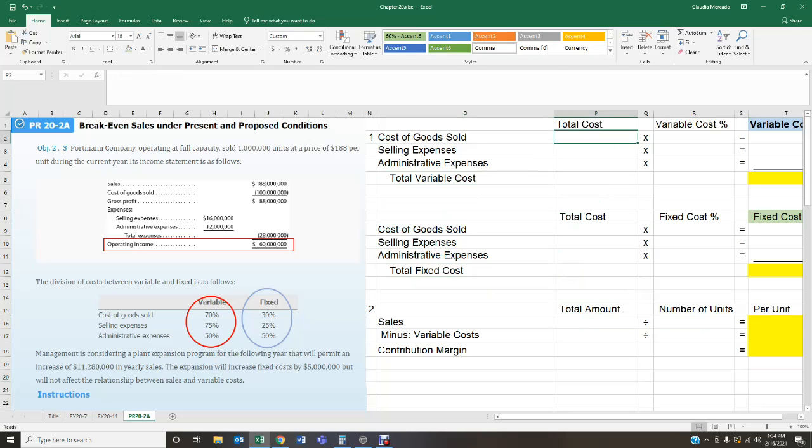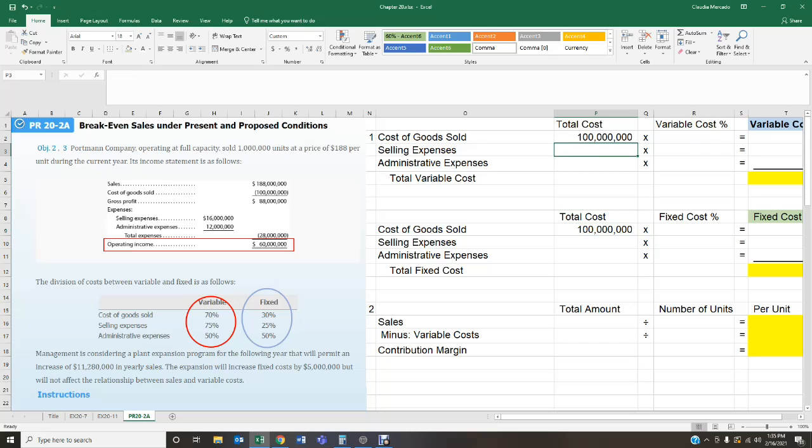Now, total cost, okay? My total cost for my cost of goods sold is $100 million. And that is going to be the same for both scenarios, okay? 100 million is my total cost for cost of goods sold. Your selling expenses are 16 million, okay?